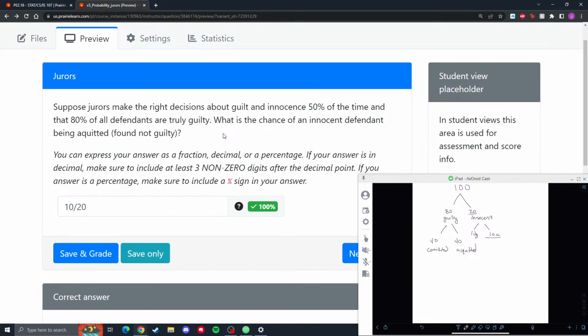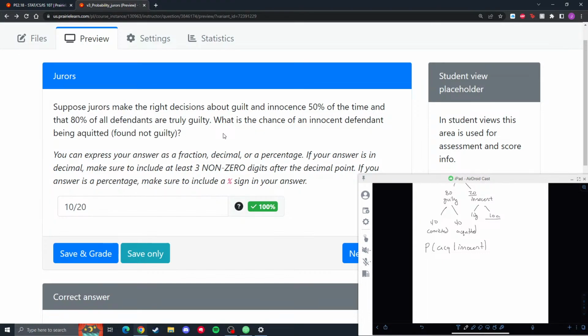All right, and then we can try this the Bayes rule way. We need to find the probability that they're acquitted given that they're innocent. So probability of acquitted given innocent. I'm just going to show you that they both work out the same way.